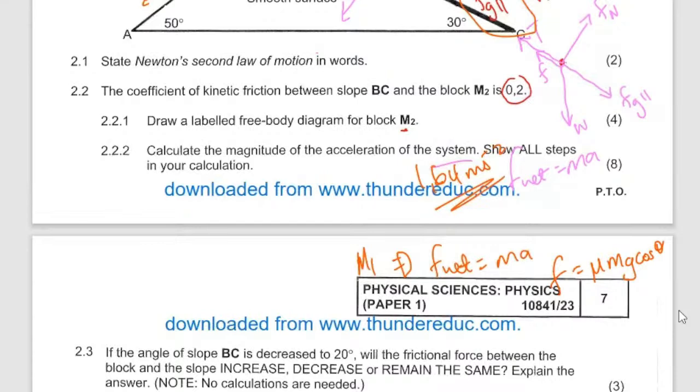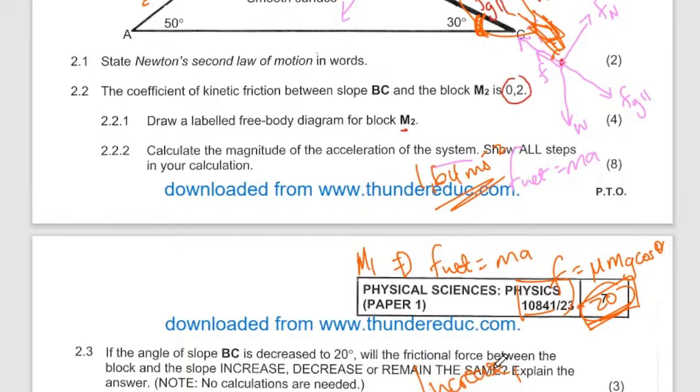If the angle is at 30, the frictional force becomes small. And when the angle is reduced to 20, the frictional force becomes big, because at 20 you're making it more difficult for the block to slide down the incline. So the frictional force will increase.